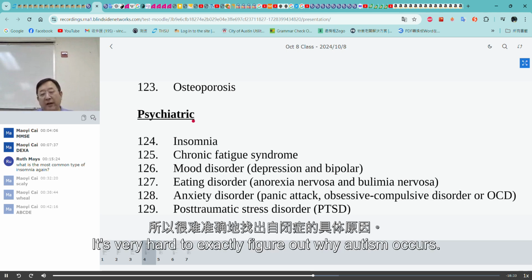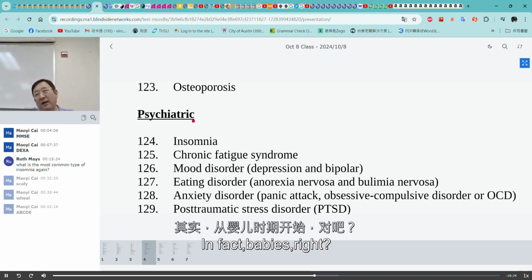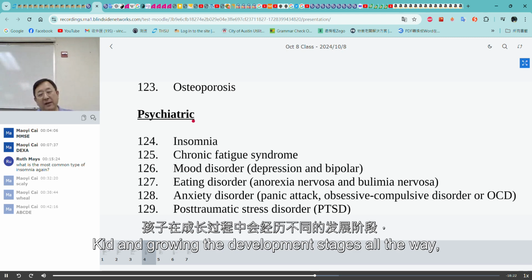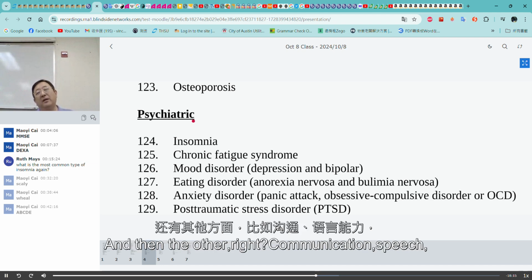It's very hard to figure out exactly why autism occurs. Autism, what is the effect? It affects babies, right? Kids in the developmental stages all along, the intelligence and the motor activities, and so on.